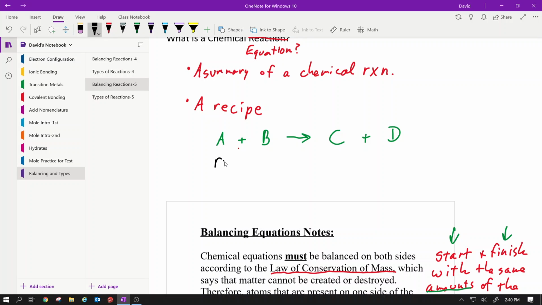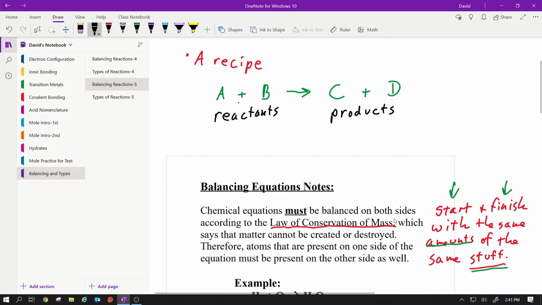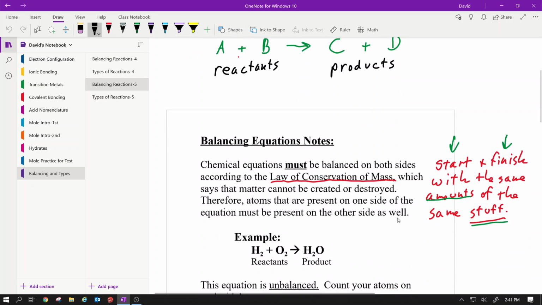Yeah, we call that the reactants. What do we call the material that we finish with? The products. Very good. All right, so we have the reactants and the products. And you need to finish with the same stuff that you started with.